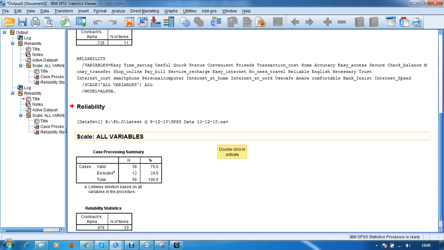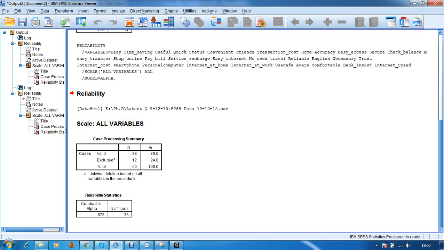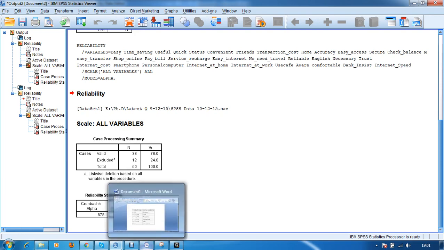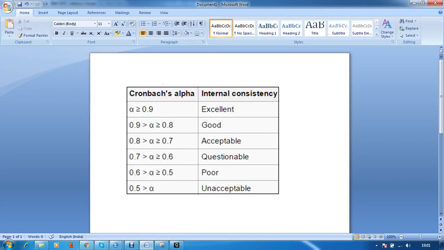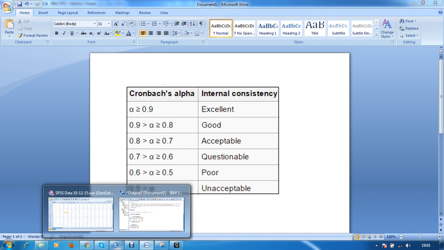Here we have the case processing summary, which says that 38 cases are valid in my data and the remaining 12 have been excluded because either they might not be filled in or there is a missing value. The reliability statistic we have achieved is 0.878. If we go to the reading table, it is more than 0.8, which means that the internal consistency of this data is good.